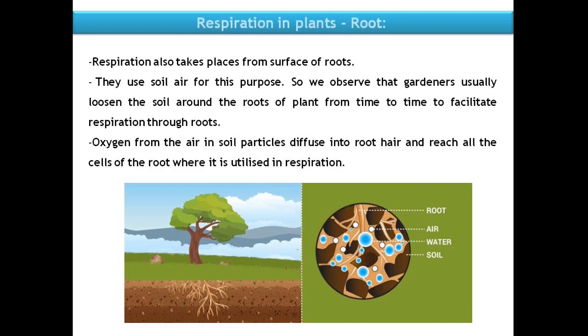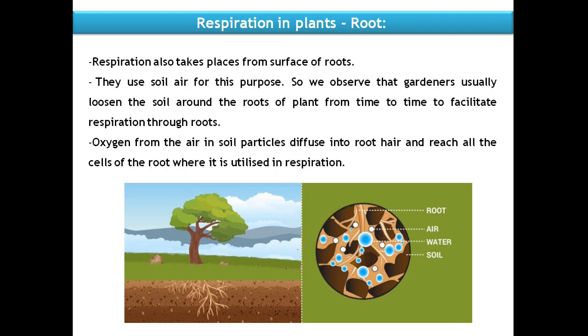And coming to the respiration of roots in the plant, it occurs by diffusion of oxygen and carbon dioxide through root hairs. The roots of the plant take up air from the spaces between the soil particles. Root hairs are in contact with the air in the soil particles.